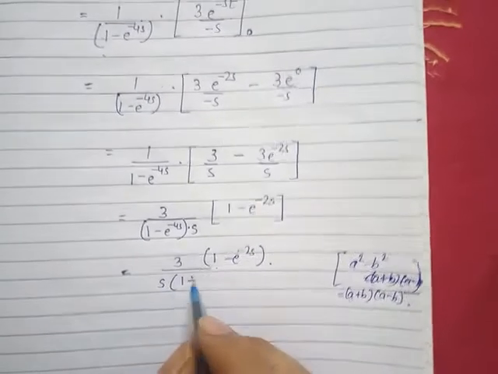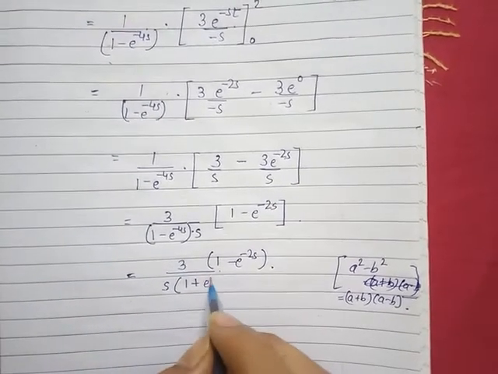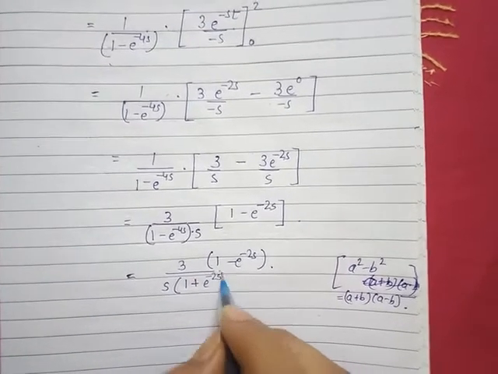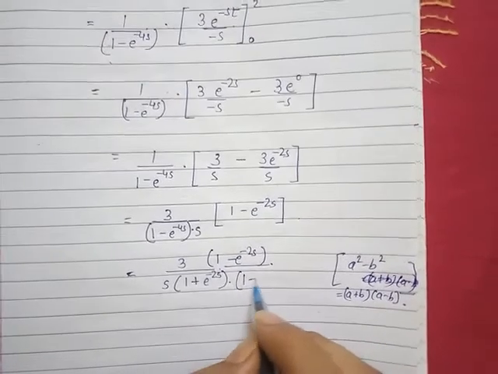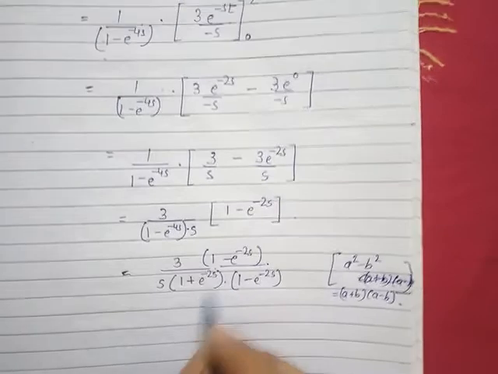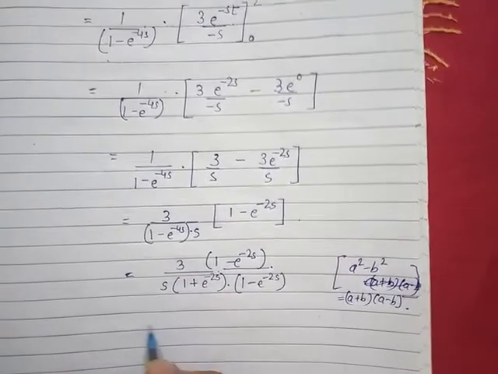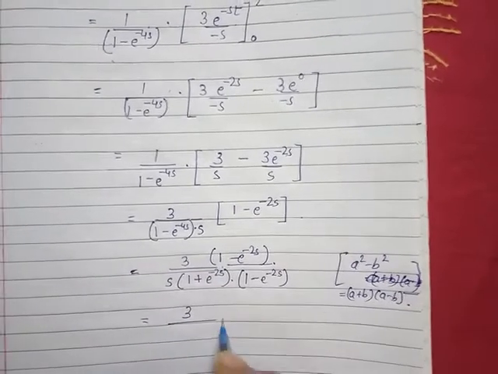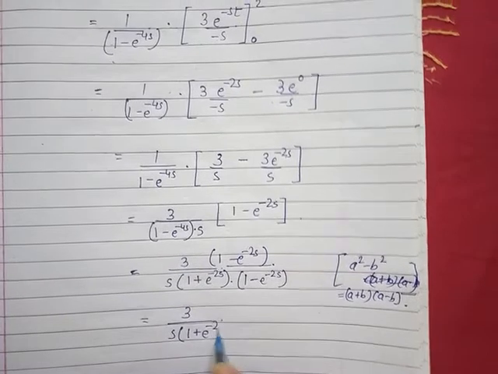So a plus b, that will be 1 plus e raised to minus 2s, into a minus b, 1 minus e raised to minus 2s. So this 1 minus e raised to minus 2s cancels out, and we will have 3 upon s, 1 plus e raised to minus 2s.